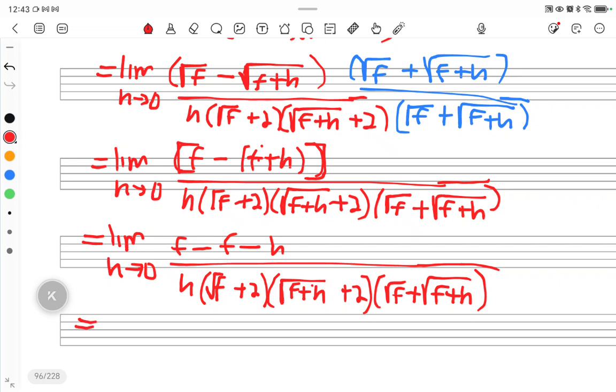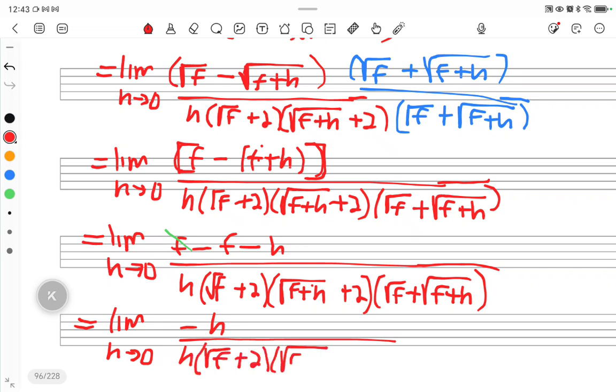Then f would cancel f. We agree, right? And then we would have the limit as h approaches 0 of minus h all over h root of f plus 2 root of f plus h plus 2 and root of f plus root of f plus h.